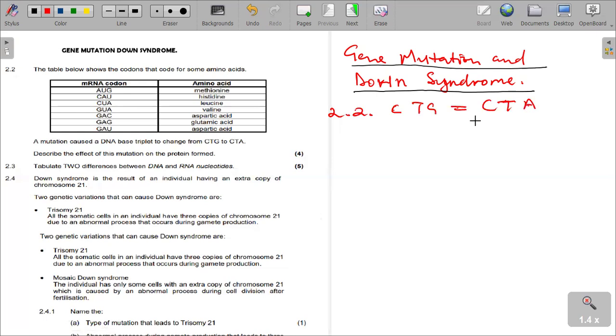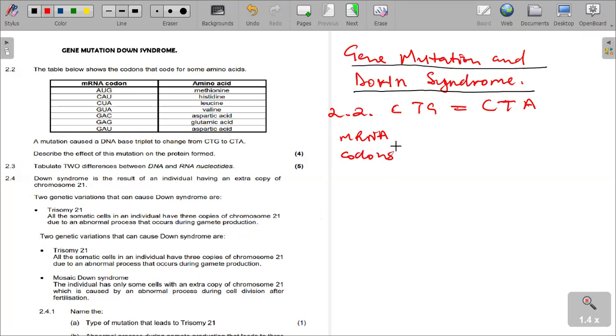In this case, we need to look at the mRNA codons that are also being provided. In order to understand, we need to give the corresponding codons, the shift of the codons that would define the protein to be formed. So our mRNA codons also changed.